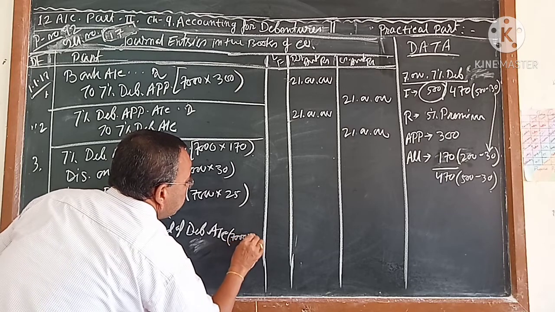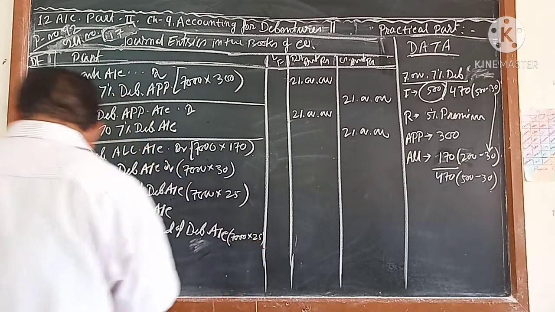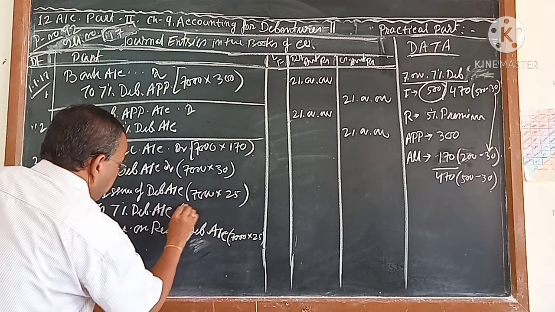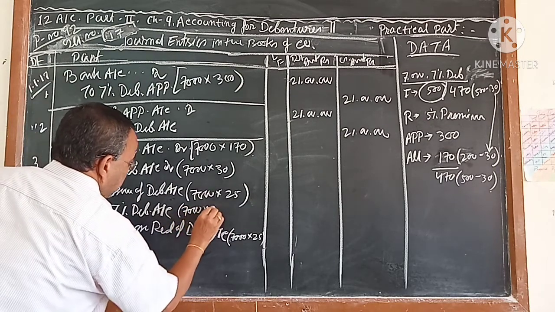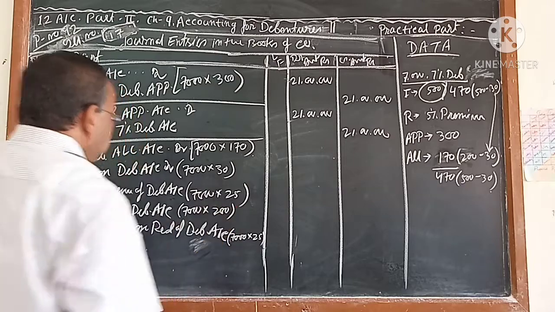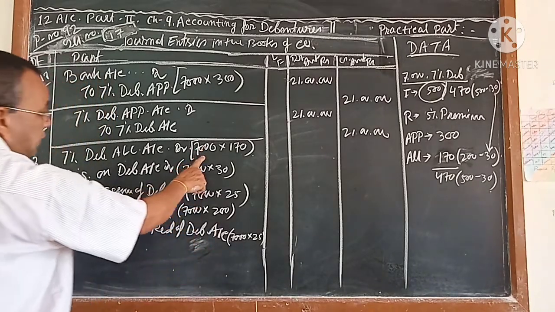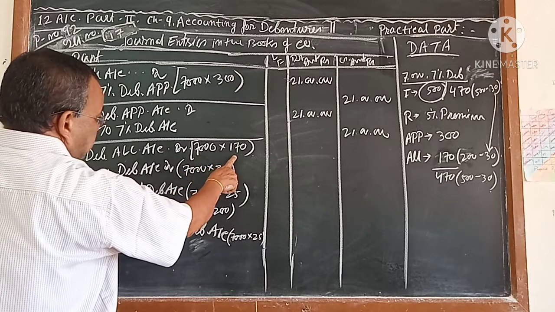7,000 into 25. And this is 7,000 into 200. This is the amount I wrote here, the number of debentures times the price.